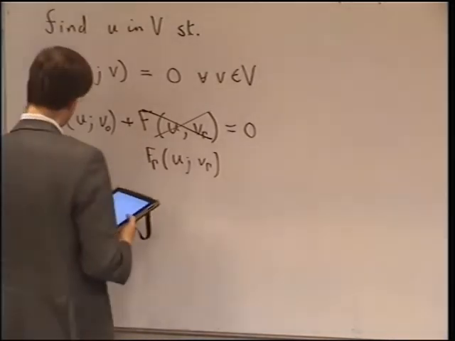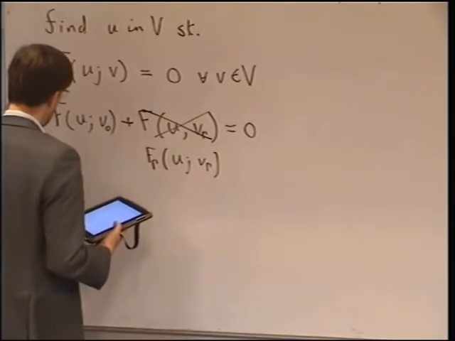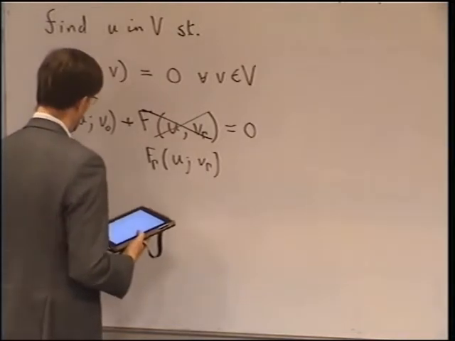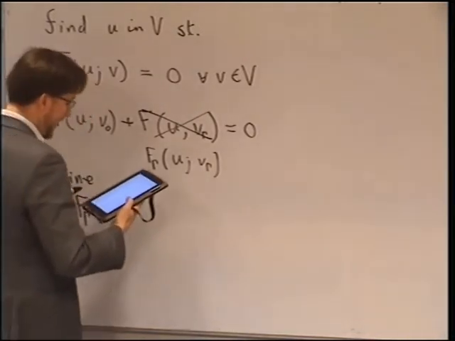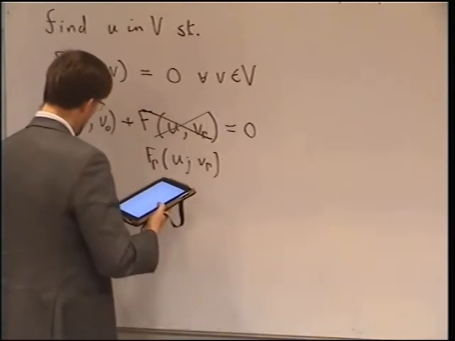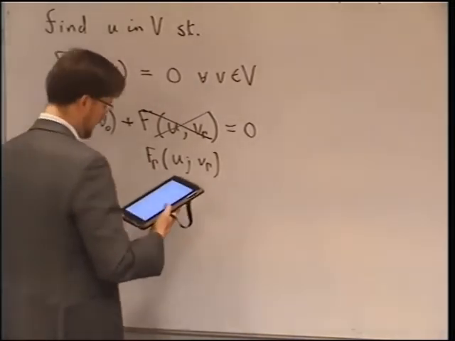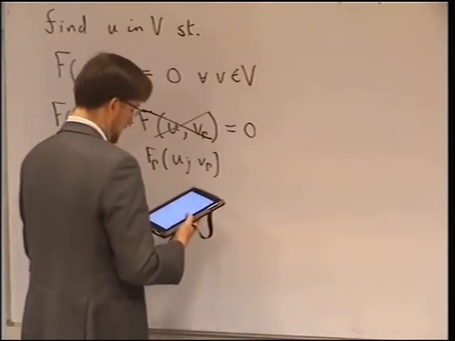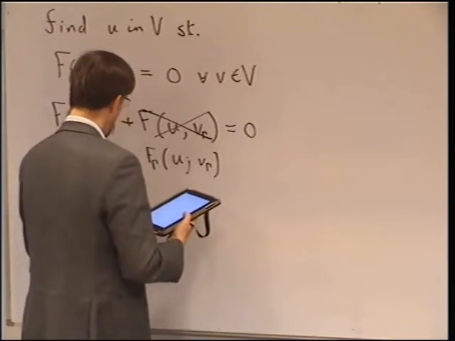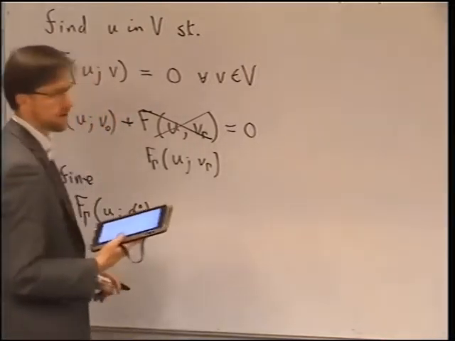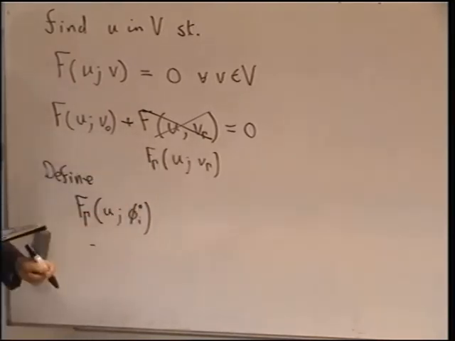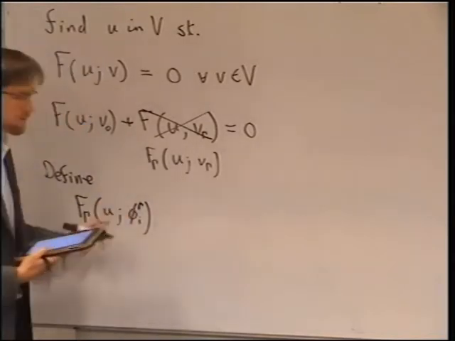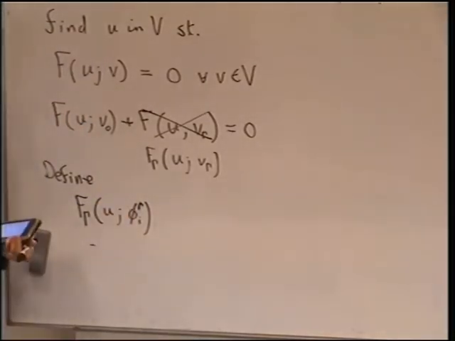So I'm going to define that f gamma on any u with any phi_i, strictly speaking a phi_i in the gamma part of the space, because these guys are known to come from the gamma part of the space, although actually you don't really need the gamma.